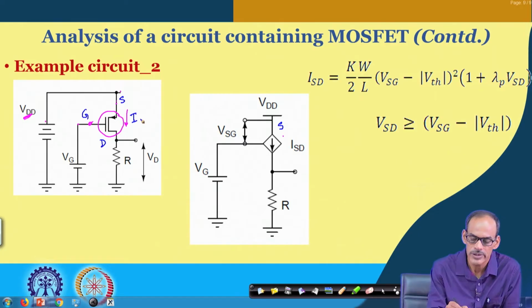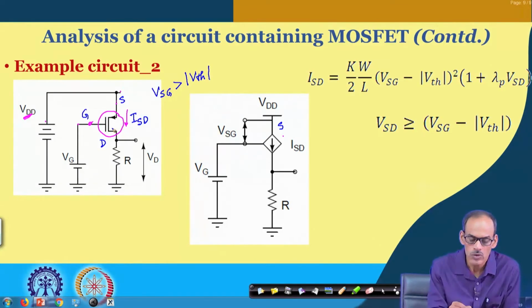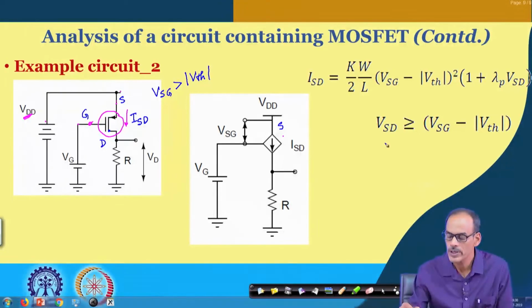So, we may call this ISD, and we expect that VSG should be higher than the magnitude of the threshold voltage of the transistor, and also, at the drain end, to have pinch off happening, we need to satisfy VSD higher than VSG minus VTH.